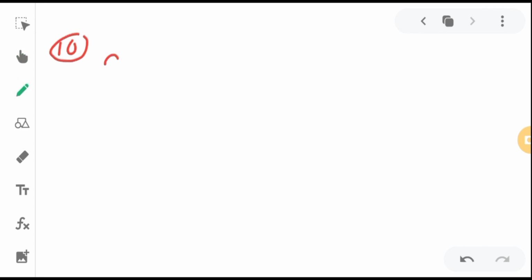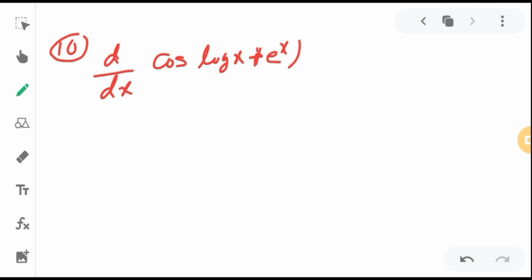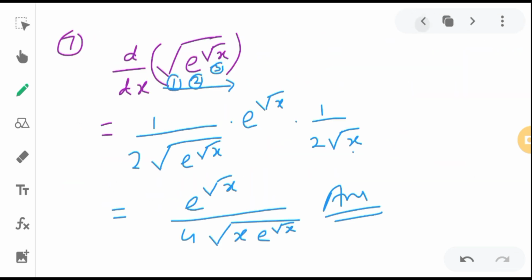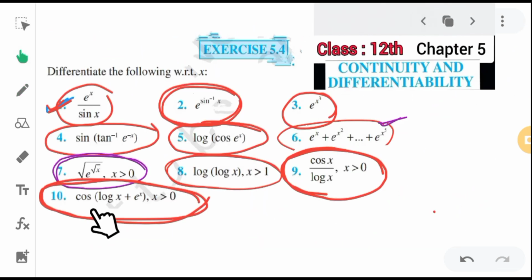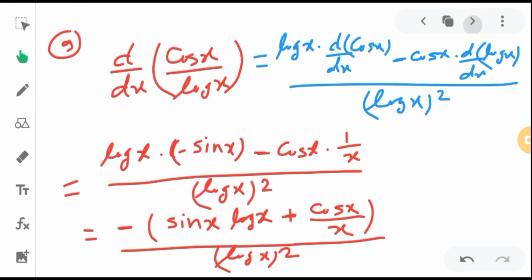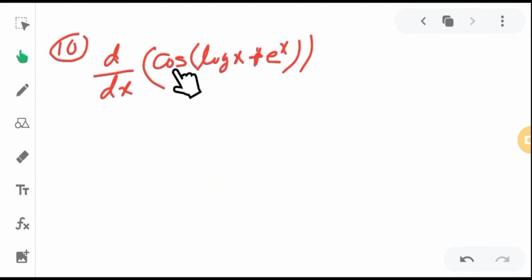This is the question. I will verify once. Cos of log x plus e to the power x, okay, the question is correct. So we have to find the derivative of this.